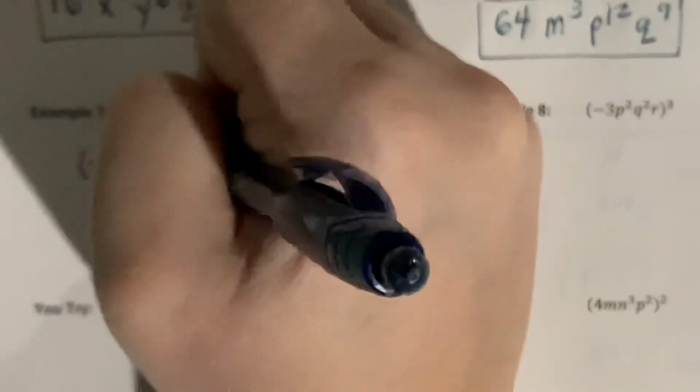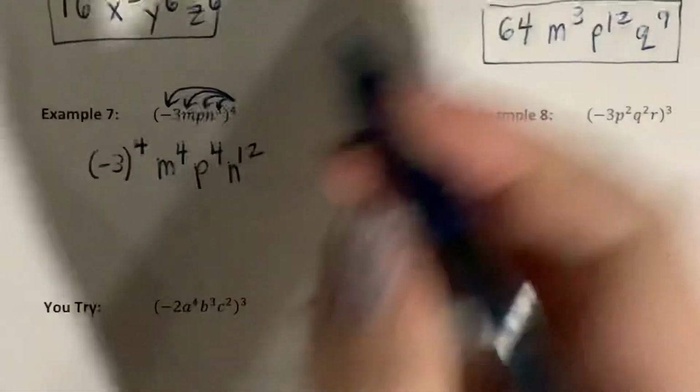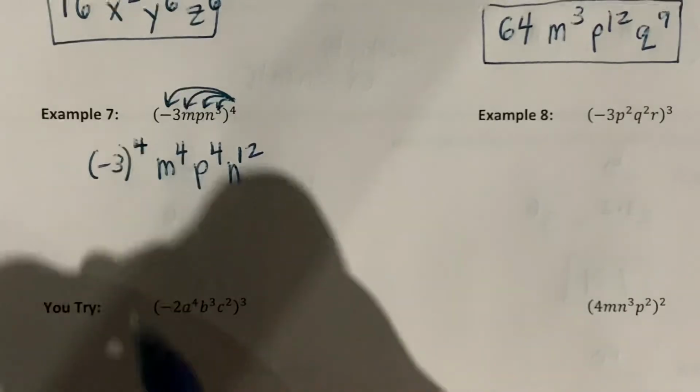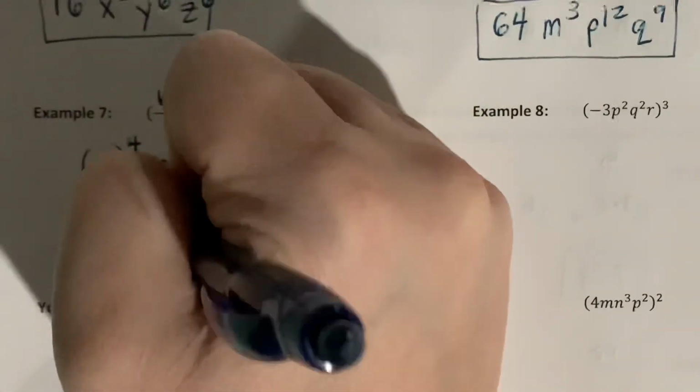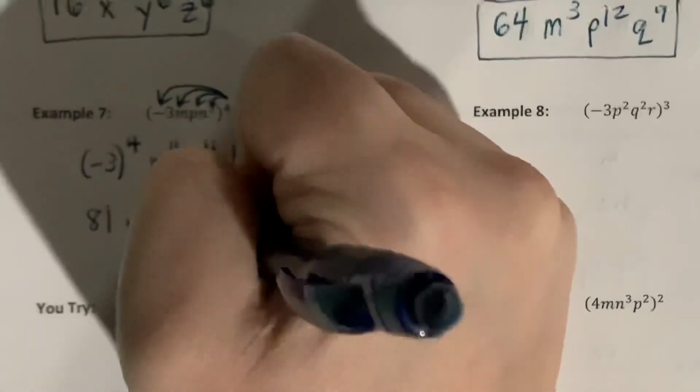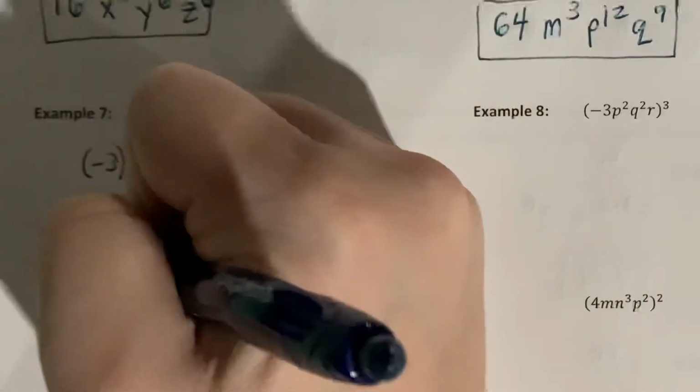I'll have m to the 4th power, p to the 4th power, and then for my n's, I have 3 times 4, which gives me 12. -3 to the 4th power gives me 81, m to the 4, p to the 4th, n to the 12th.